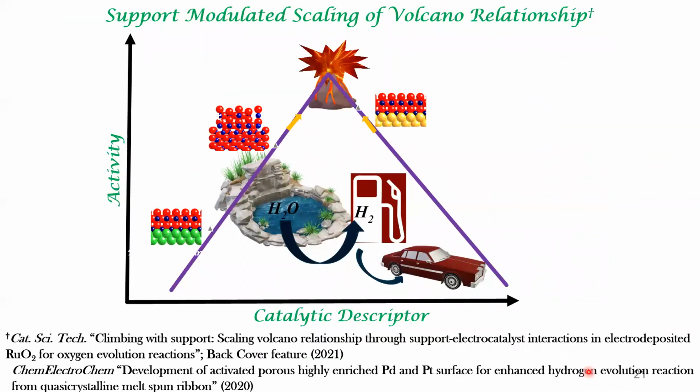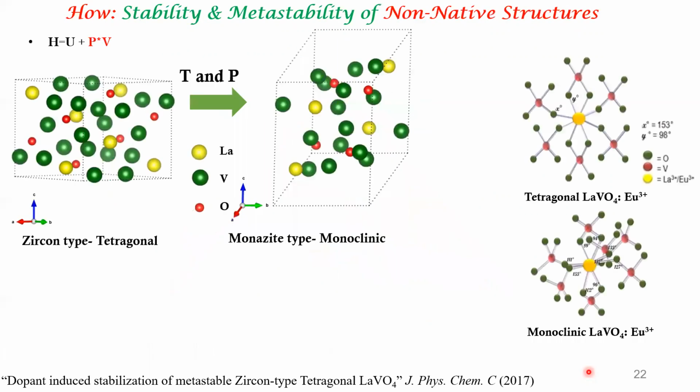So with that, we conclude the theme on why non-native structures are important for the design of lithium-ion battery materials, photoelectrocatalysts, and oxygen evolution electrocatalysts in general. Moving on, we'll address the final theme of this lecture on how we have tried to synthesize and stabilize the non-native structures.